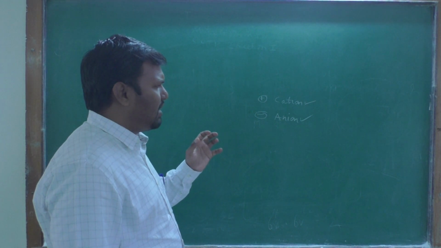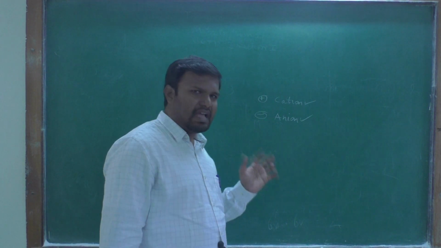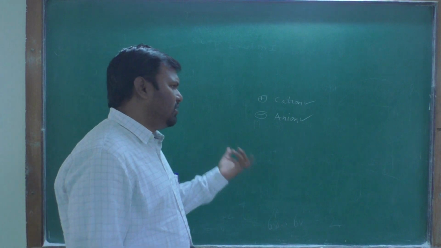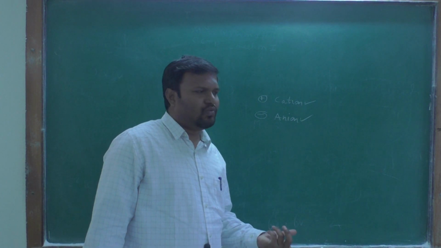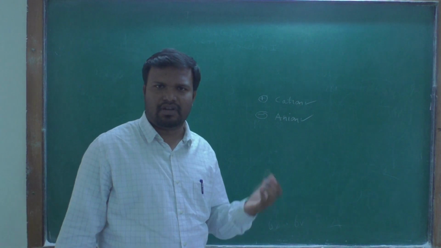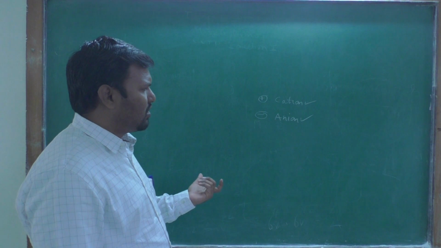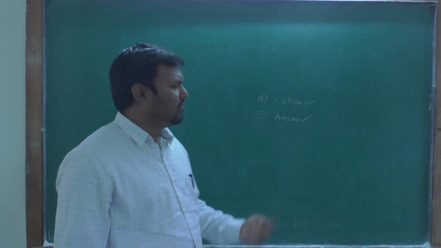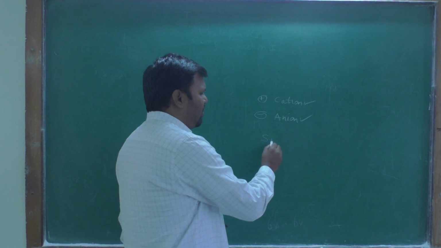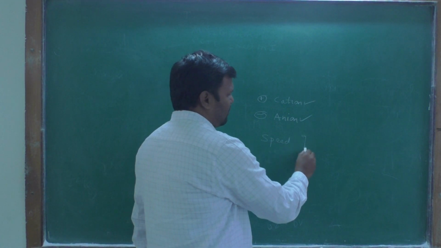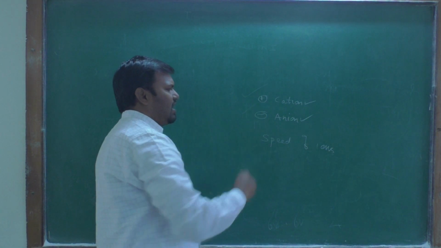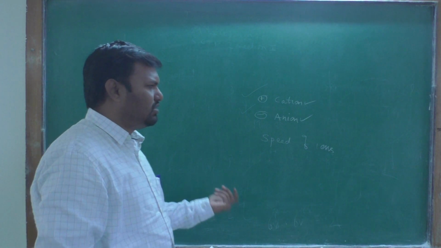The current given by the cation and the current given by the anion are sometimes equal, but sometimes not equal; not necessarily equal. Therefore it depends upon the speed of the ions. The current given by each cation and each anion depends upon its speed.